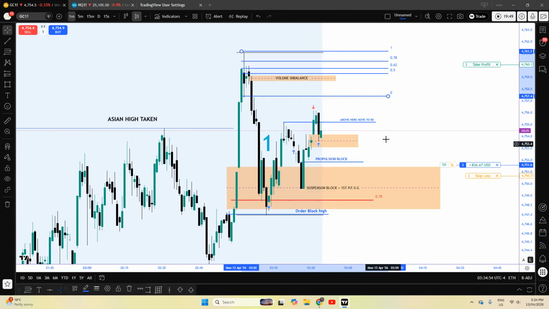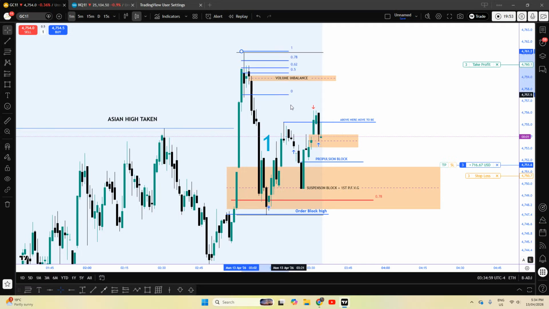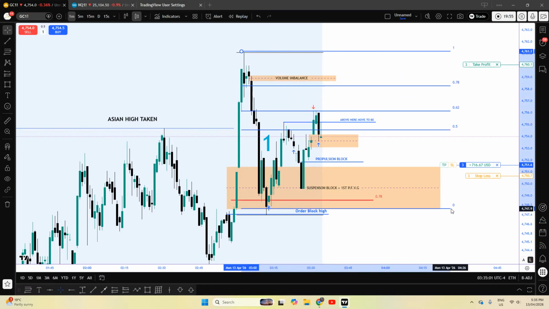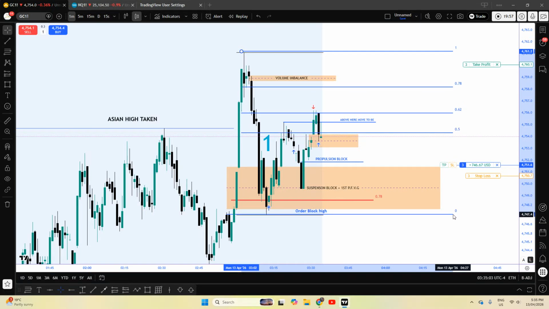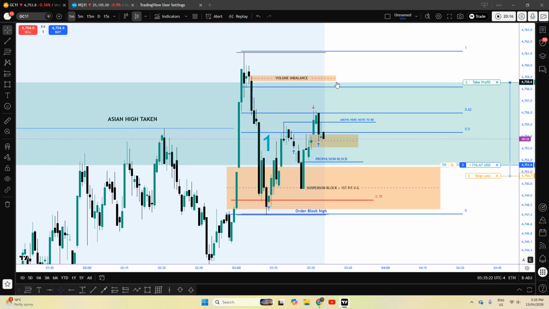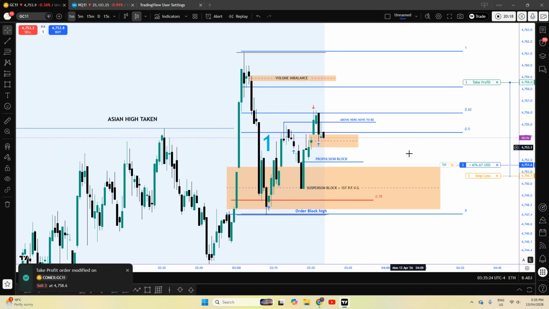So right here, from this high to this low, you see we are at exactly above or below 50%. So that entry is below 50%, which is still an optimum trade entry level. So this area here should actually be my take profit somewhere around here. That should be my take profit right there.